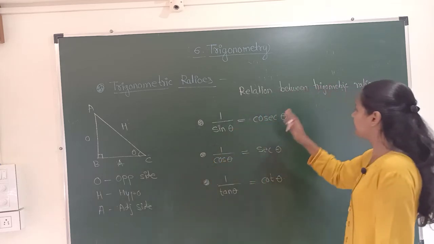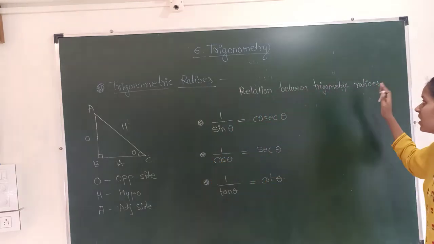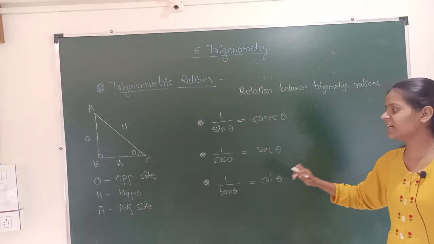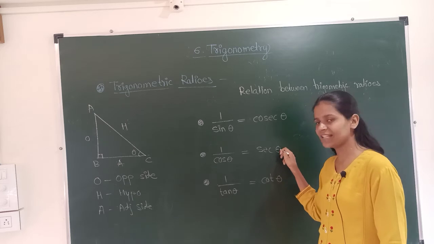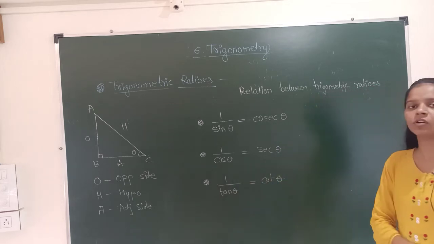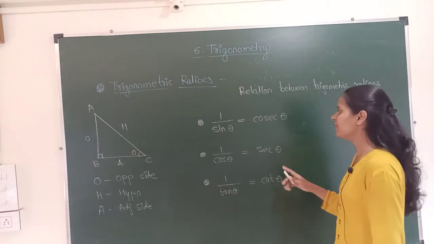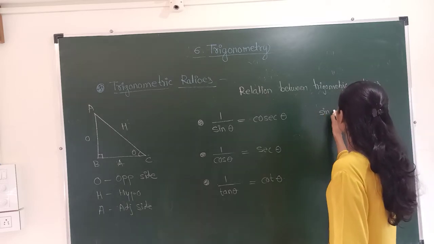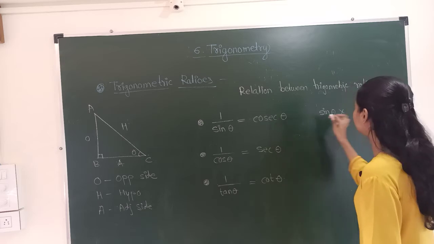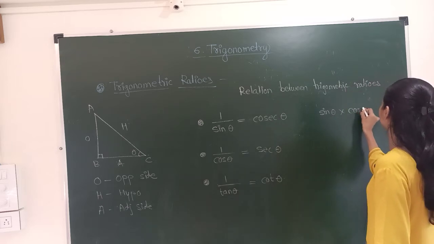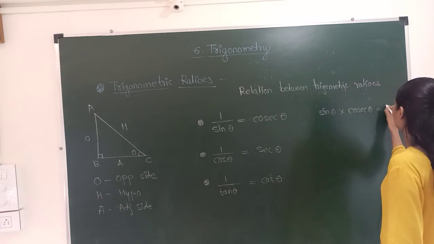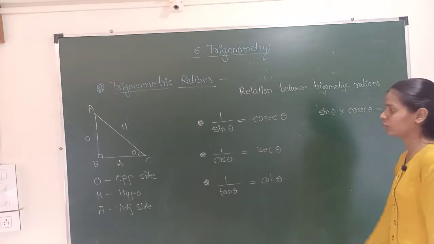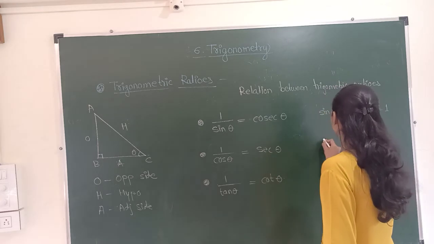Clear? We are looking at the relation between trigonometric ratios. 1 upon sin theta is equal to cosec theta, 1 upon cos theta is equal to sec theta, and 1 upon tan theta is equal to cot theta. Now we will see the multiplication. Sin theta into cosec theta, the multiplication will be 1.